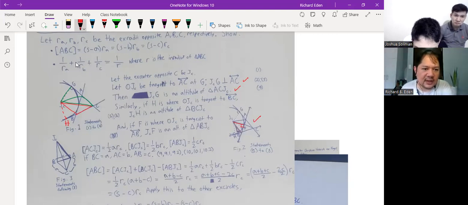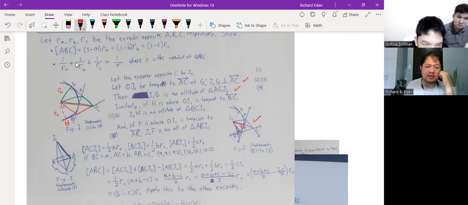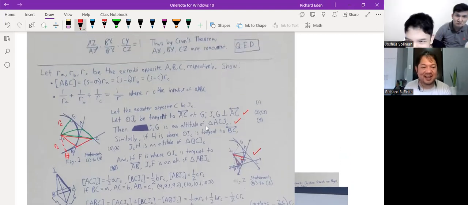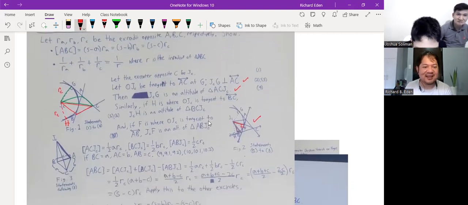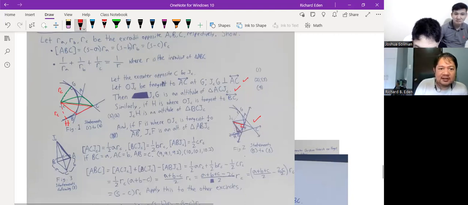Okay, and then ACJC is 1/2 RC times AC. Ito yung RC, yung radius. Okay, 1/2 RC times AC.